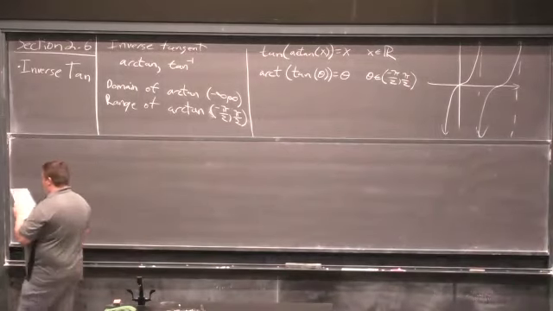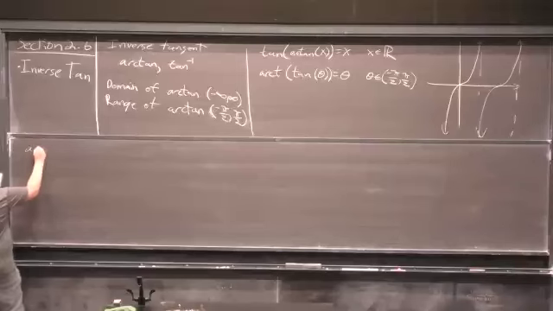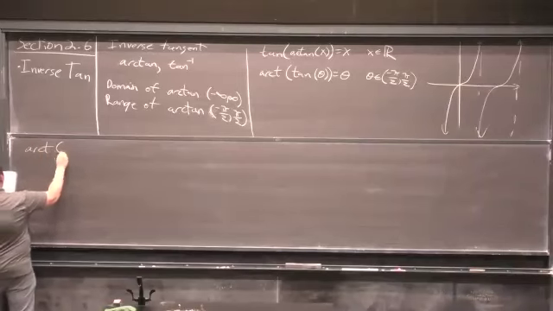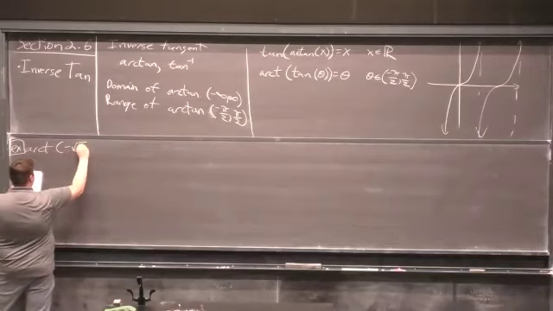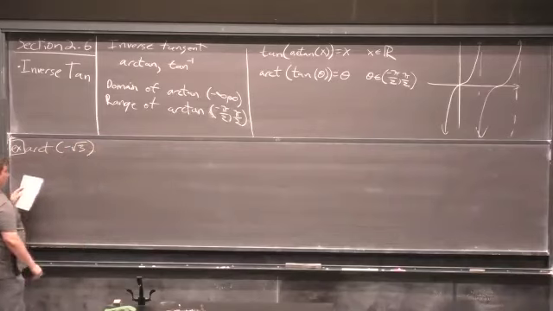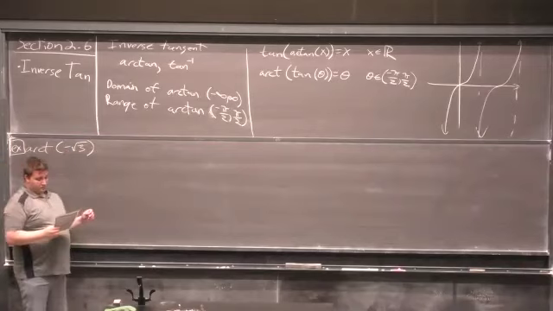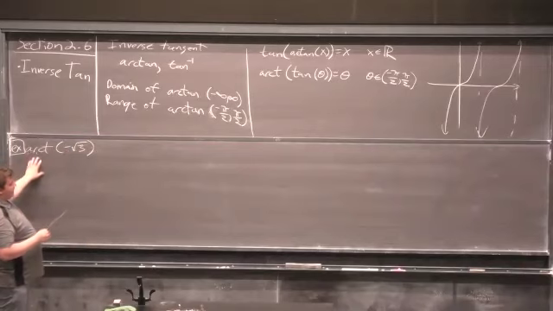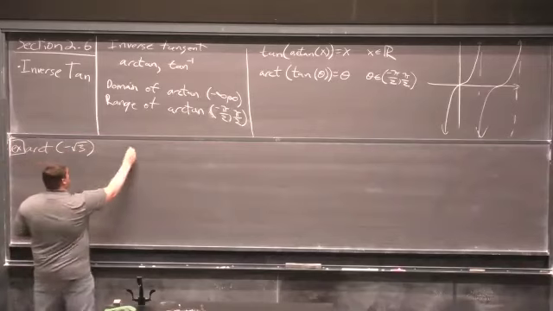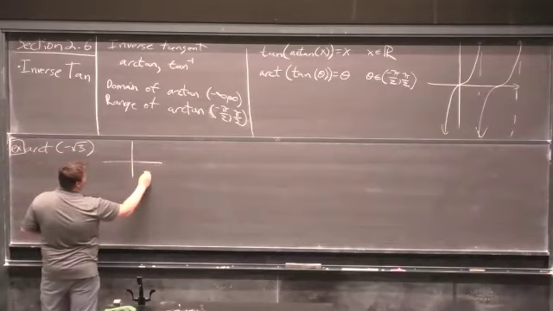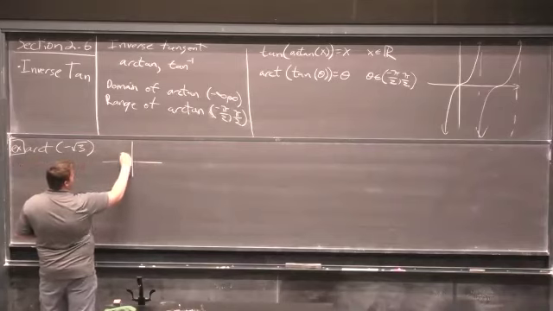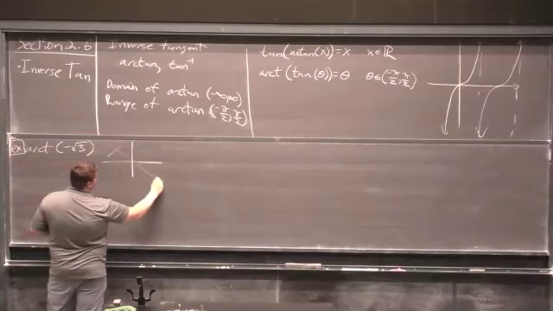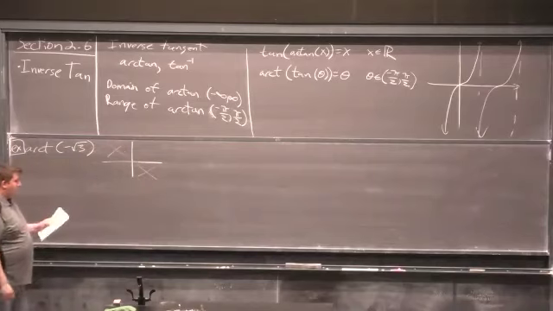Let's find the exact value of arctangent of negative square root 3. So the first thing is to think, okay, which quadrant could this be in? Because it's negative, we know that it would either be in quadrant 2 or quadrant 4.